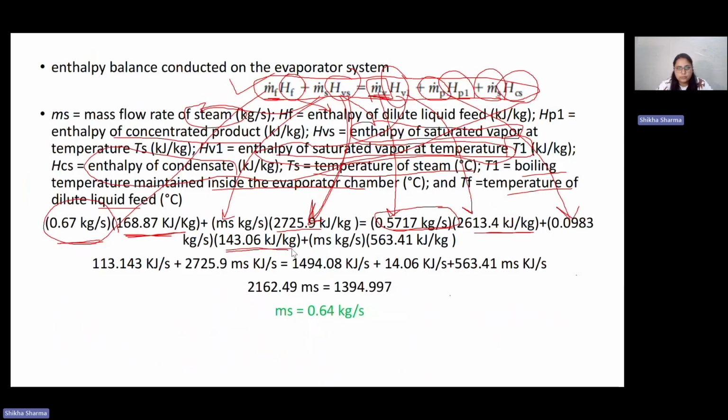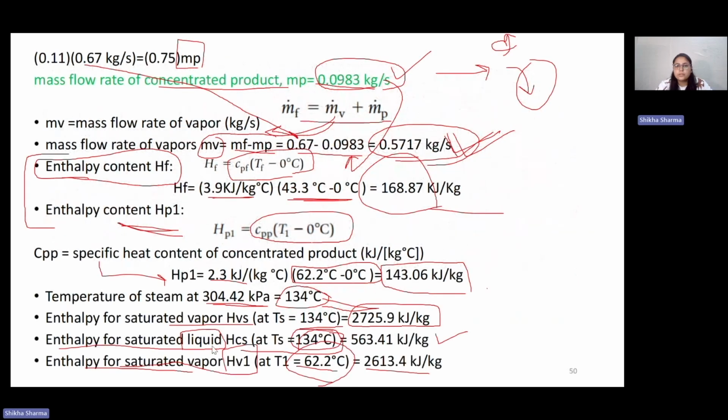So 143.06 kilojoule per kg here, plus this is basically the liquid after heating. So MS is the mass flow rate of the steam. It will be the same because the mass flow rate of the steam will be the same into its enthalpy. So the enthalpy is now at 134 degrees Celsius. What is the enthalpy of the saturated liquid?